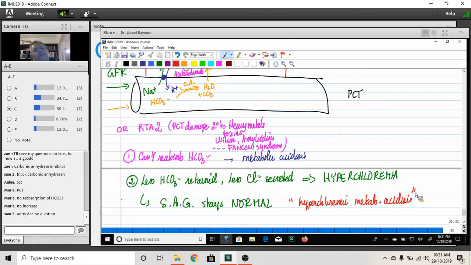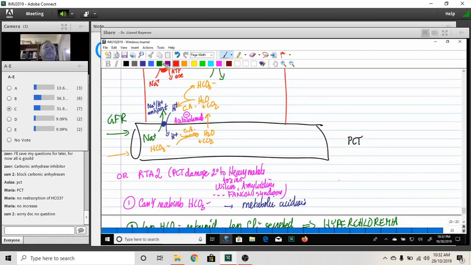Is that okay? Yeah? So now, in reality, in a proximal convoluted tubule, there's also sodium coming in with glucose, coming in with amino acids, coming in with phosphates. So there's many other functions that would be affected in RTA2.